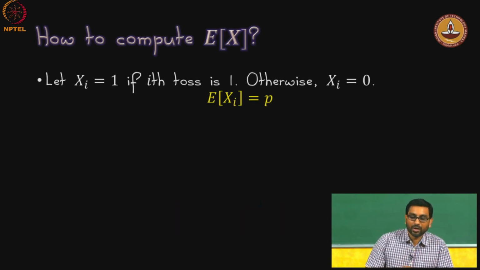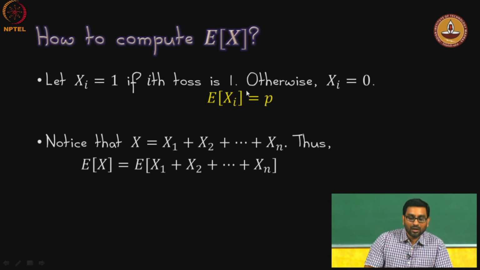Let us break it down first. There are n coin tosses. We define a new random variable xi. In fact, we will define n such random variables. Xi will be equal to 1 if the ith toss is a head, otherwise xi is 0. Okay. And we know E of xi is p.